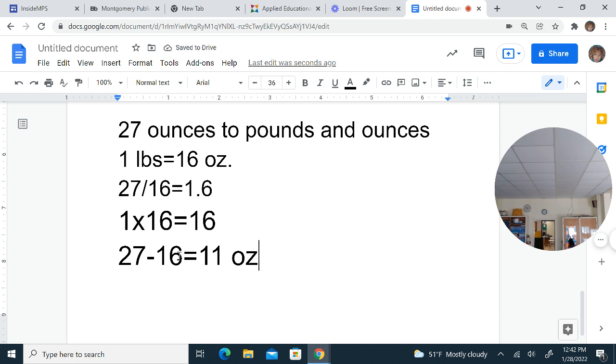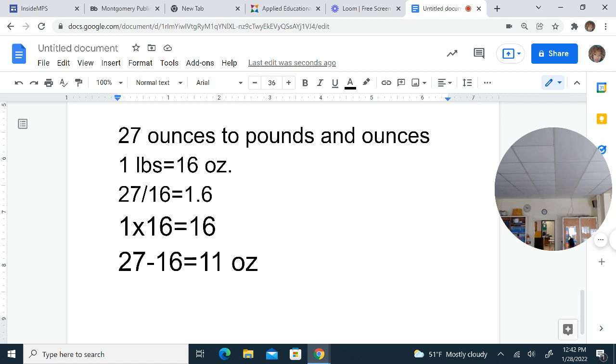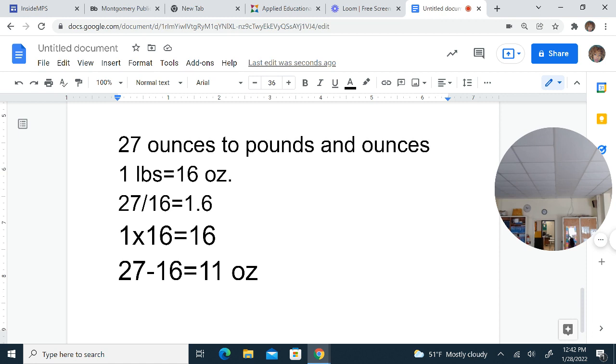All right. So we're going 27 ounces to pounds and ounces. Our conversion is 1 pound to 16 ounces. So it's like we did the inches and feet. You'll take your 27 and divide it by 16. That's gonna give you 1.6.